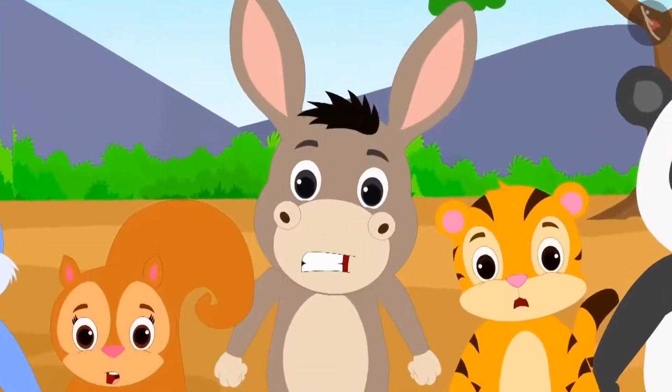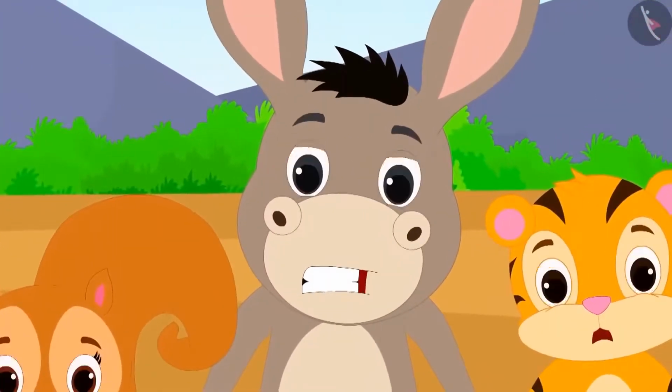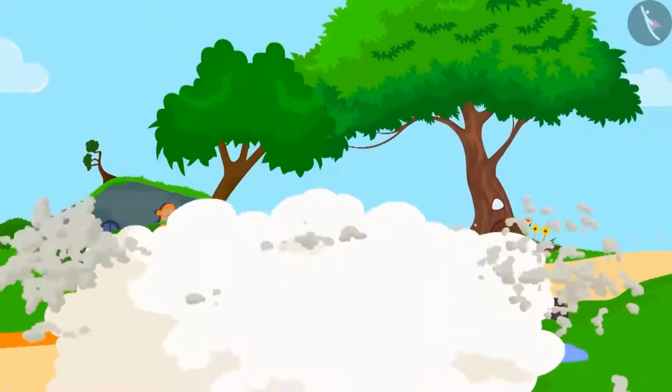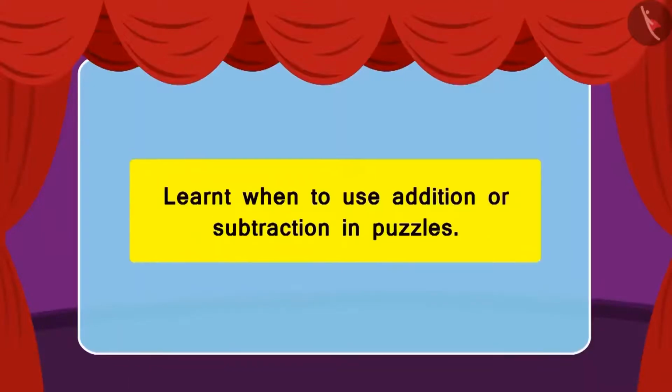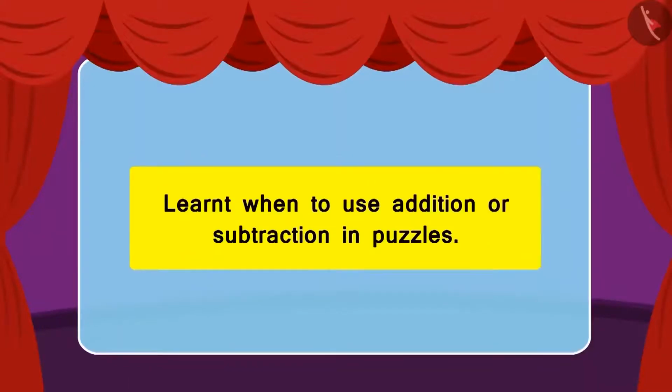Seeing Appu, everyone understood that Gaggu was fooling them. What must have happened then? This you can understand very well. Children, in this lesson we learned when to use addition and when to use subtraction in a question or a puzzle.